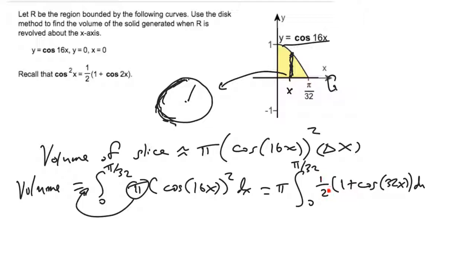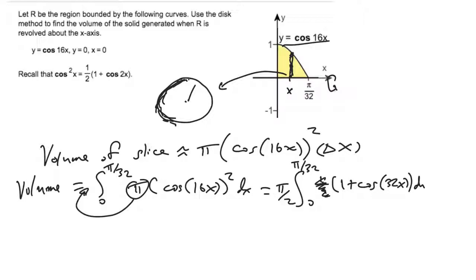Now I have a half factor, and so I can move that outside. Make this pi over 2 out here, and get rid of my half.